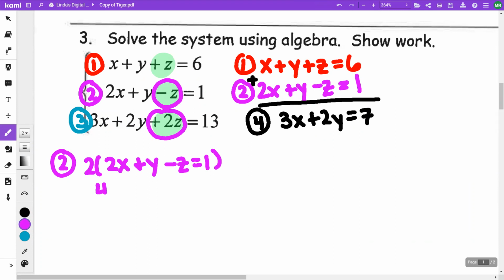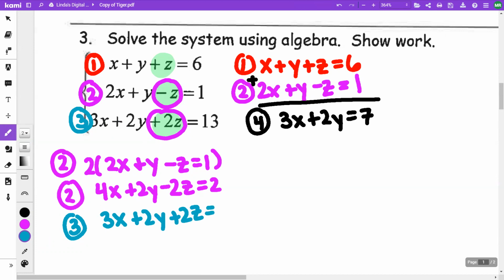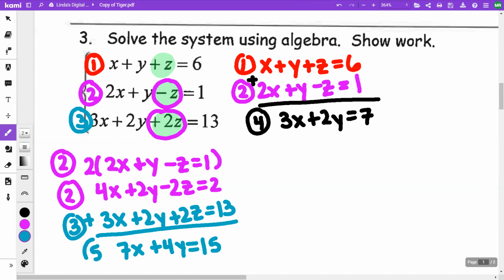Okay, so that's going to give me 4x plus 2y minus 2z is equal to 2. And I'm going to use that with equation 3. So that's going to be 3x plus 2y plus 2z is equal to 13. So I get 7x plus 4y, my z's cancel, is equal to 15. So this will be equation 5.